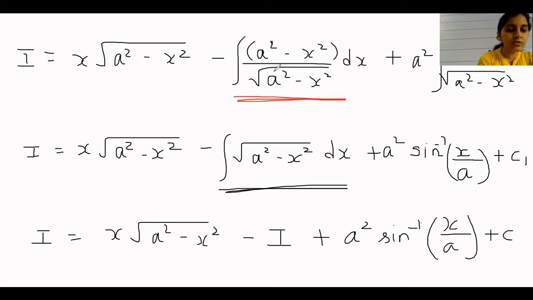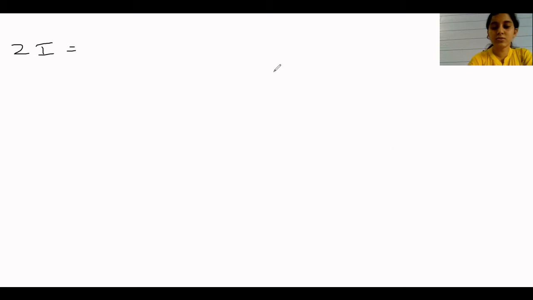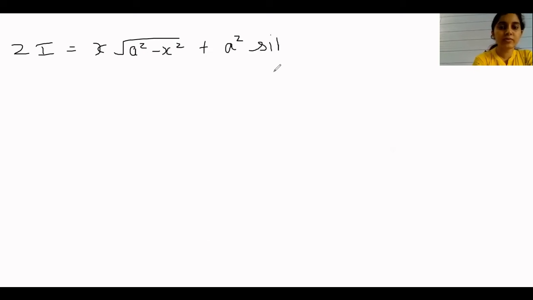Now this I will go on to the left side. So I will have 2I is equal to x root of a square minus x square, plus a square sine inverse x upon a plus c.